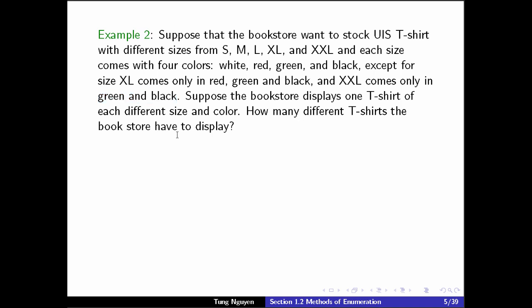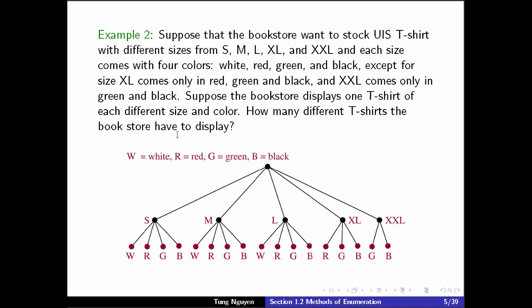So again, this is a good case where a tree diagram is useful because the number of possible outcomes for each experiment is not so large. In this case, we have again the root, and first we will display the 5 different sizes represented by 5 different branches for small, medium, large, extra large, and XX large.